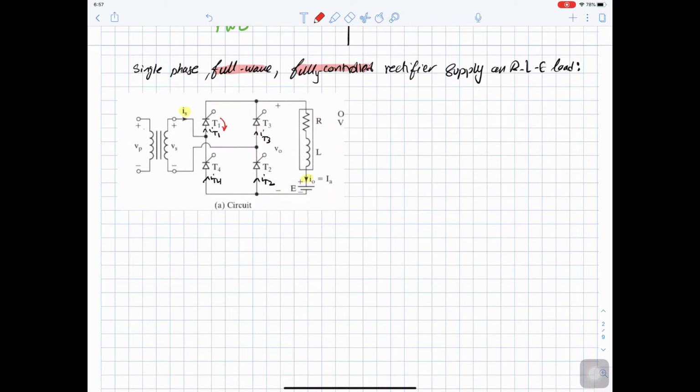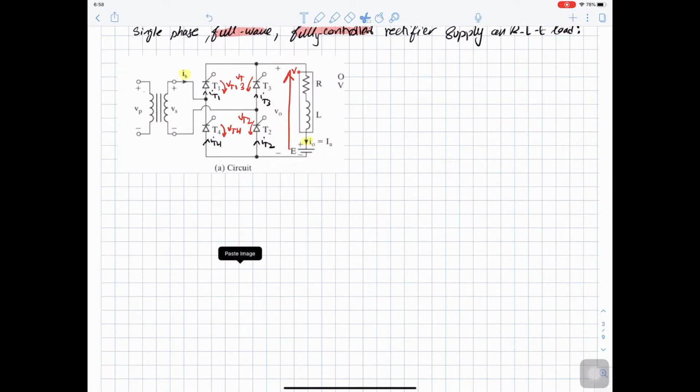Here we have V thyristor 1, V thyristor 4, V thyristor 3, V thyristor 2, and here we have V out and I out. So these are all the variables that we can sketch: V source, I source, I thyristor 1, V thyristor 1, I thyristor 2, V thyristor 2, and so on, V out and I out.